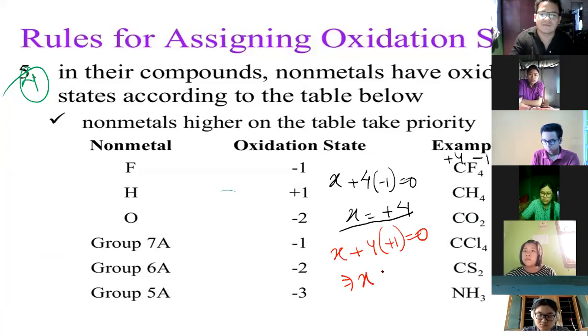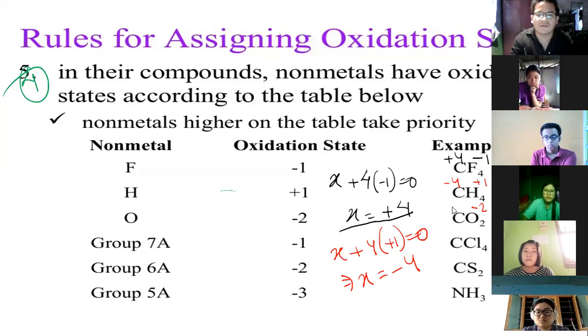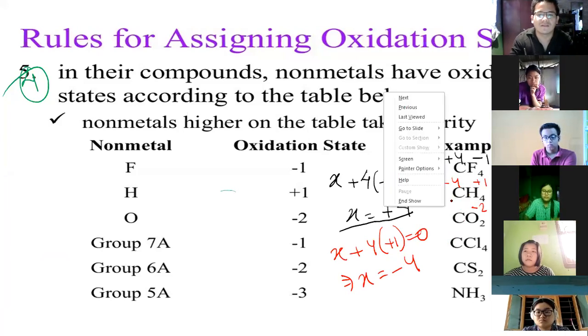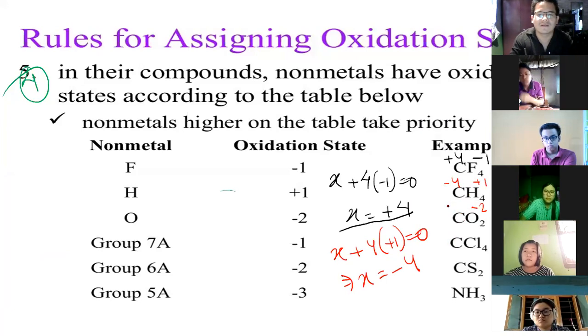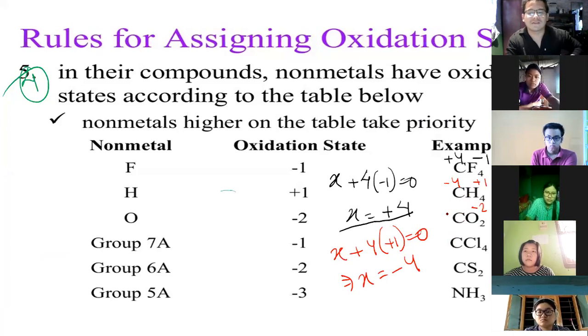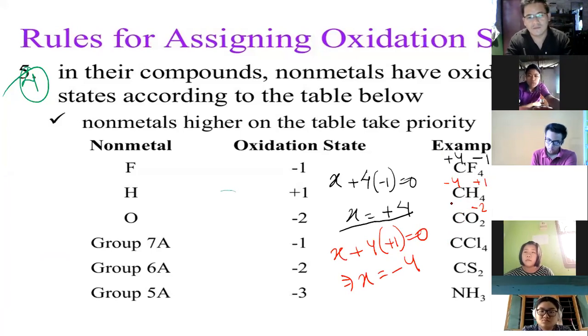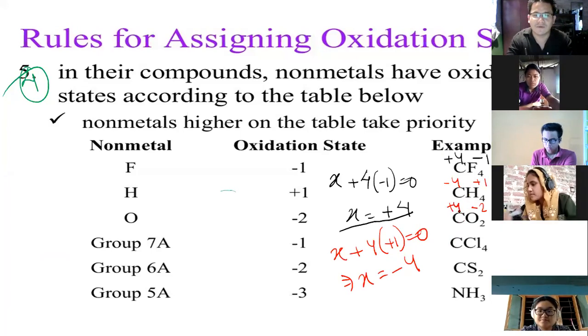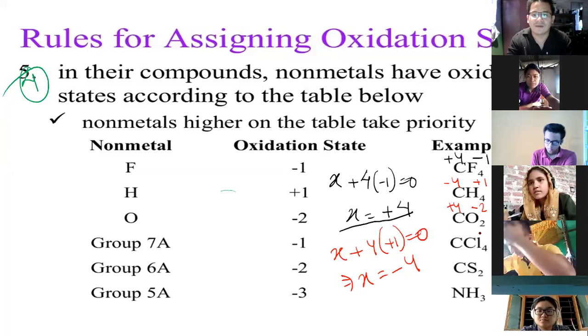So X will be -4. And in the same manner, if you keep on finding, oxygen is -2, what about carbon? What will be the oxidation state of carbon? +4. What about for carbon tetrachloride?